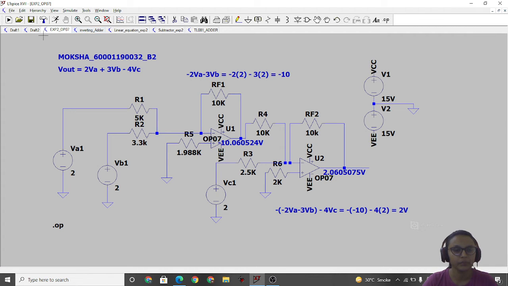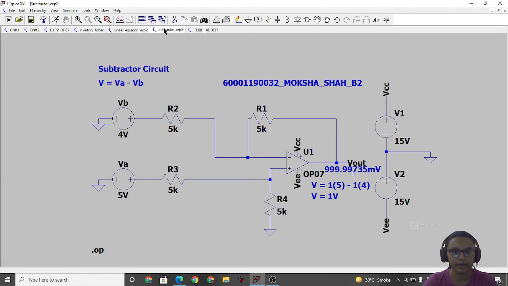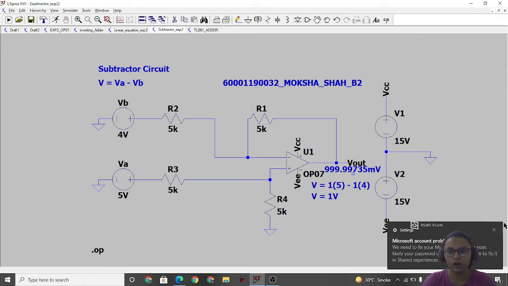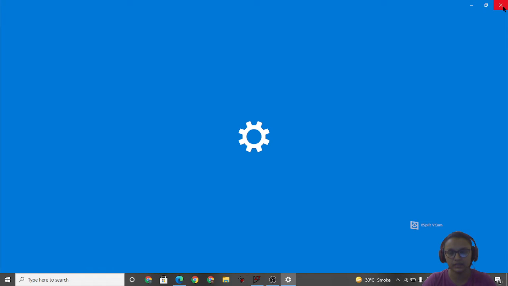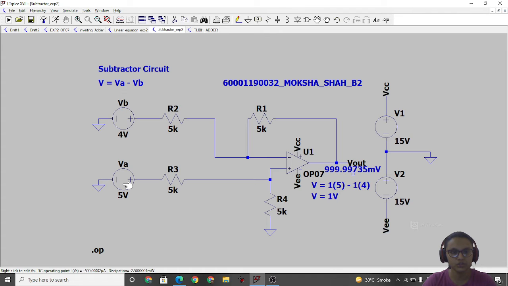Now I will show you the subtractor. For the subtractor, the output equation should be VA minus VB. Why? It should be non-inverting minus the inverting. So here I am taking the R1, R2 values according to our requirement.